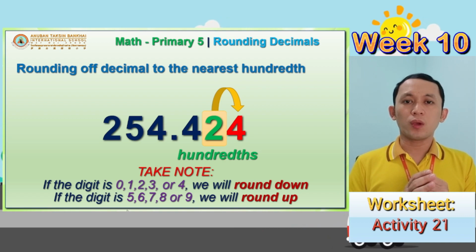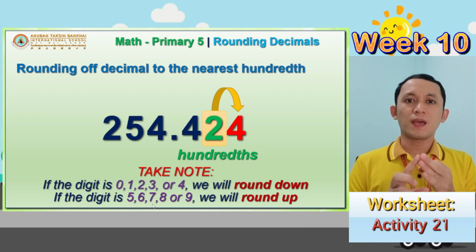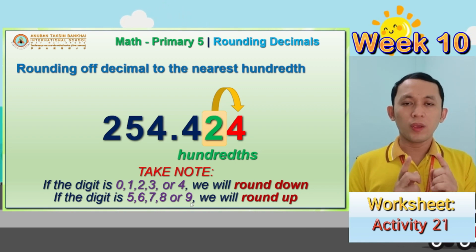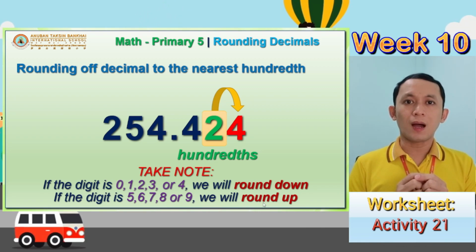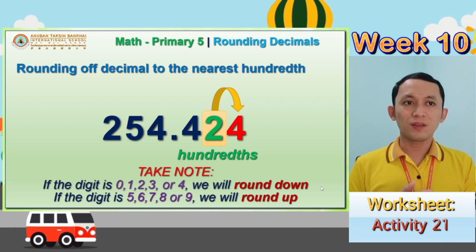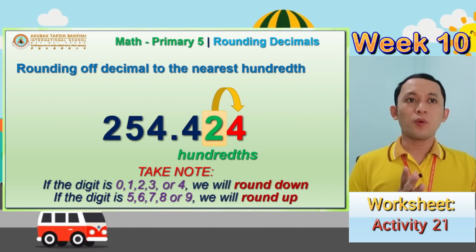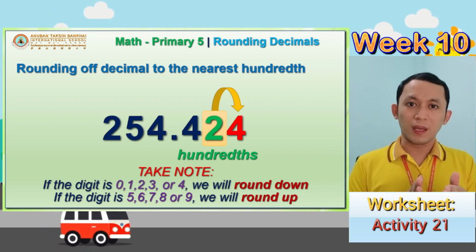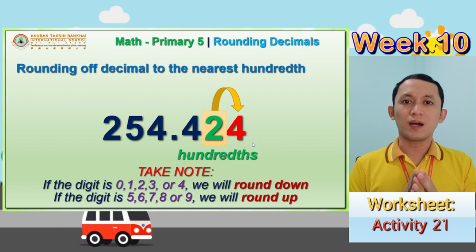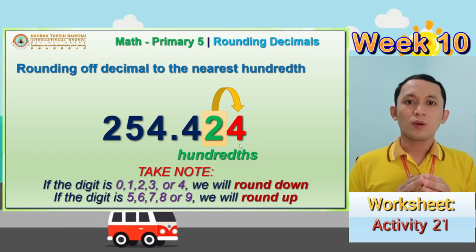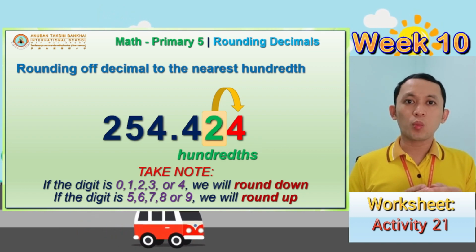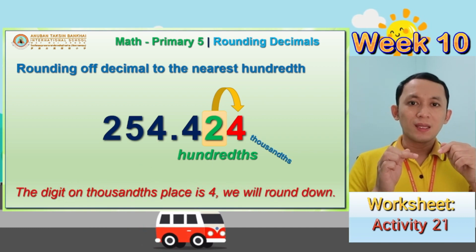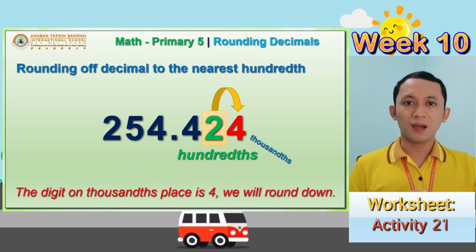If we have digits 5, 6, 7, 8, or 9, we are going to round up the digit on the hundredths place. So again, the digit on the thousandths place, which is on the right side of the hundredths place, is 4. Therefore, we are going to round down our number in the hundredths place.